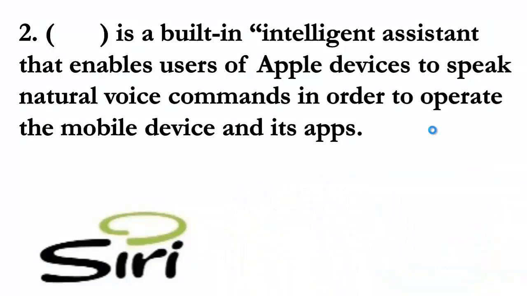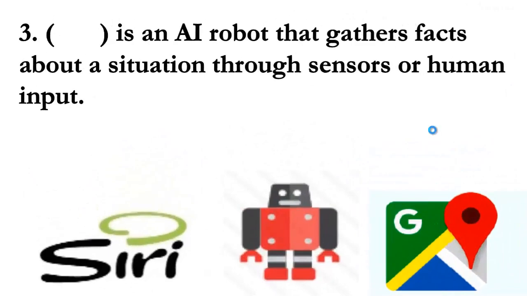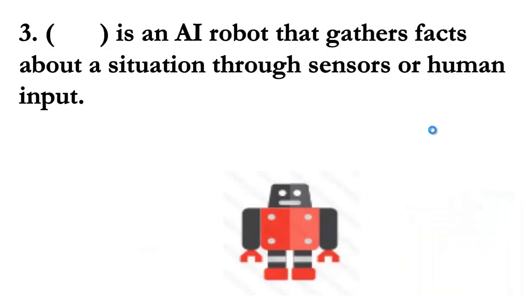Yes, very good. Number 3 is an artificial intelligence report that gathers facts about a situation through sensors or human input. Yes, it's a report. As you see here, this is the icon.